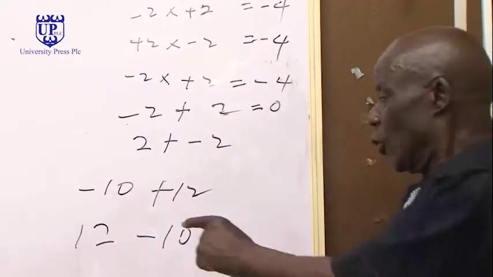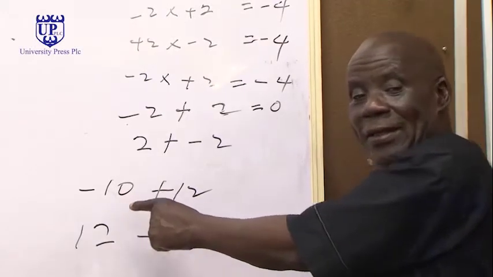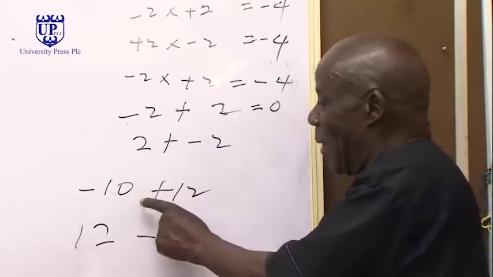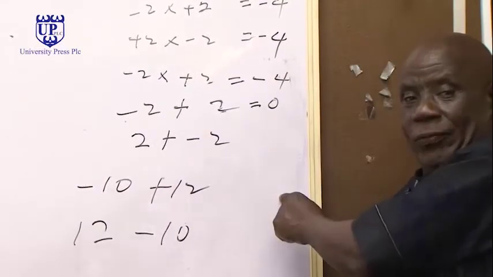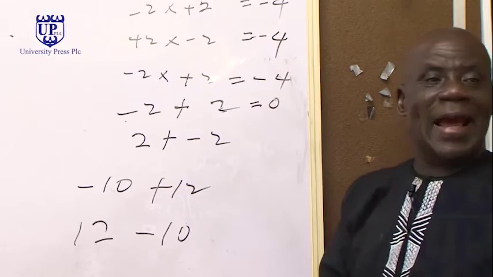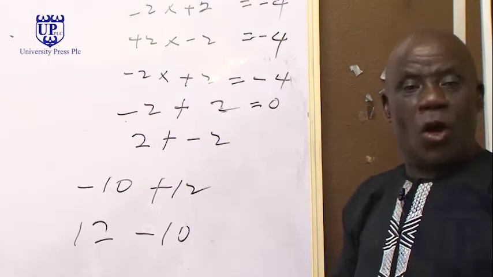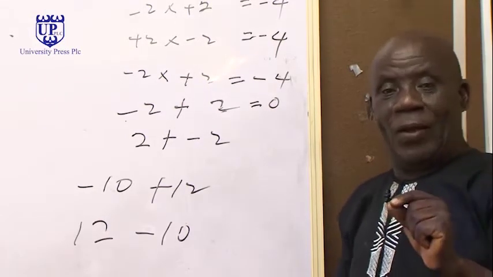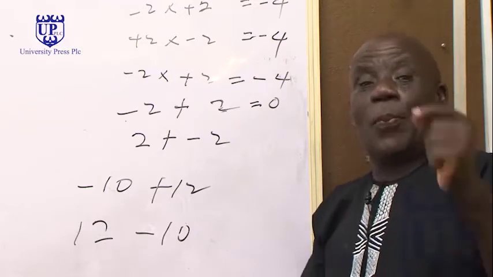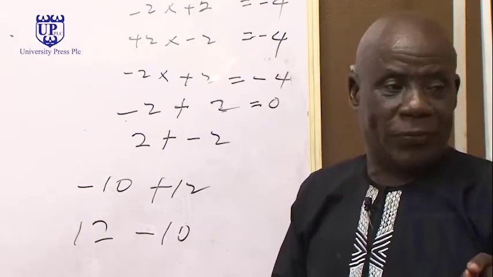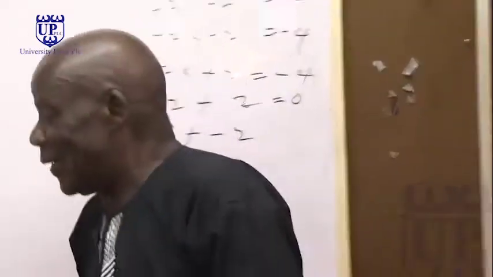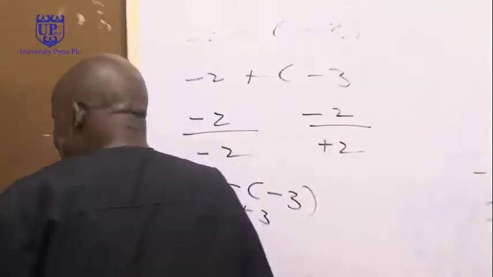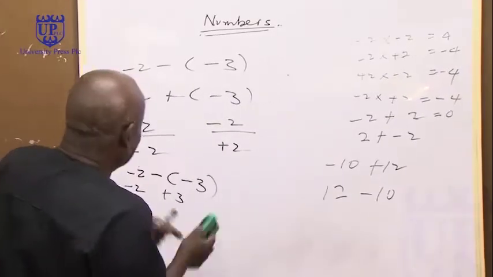Take note, don't be misled by thinking that negative and positive is negative. A negative number plus a positive number will be positive if the positive is greater than the negative. Take note, if a positive number is added to a negative number, let me write it down.